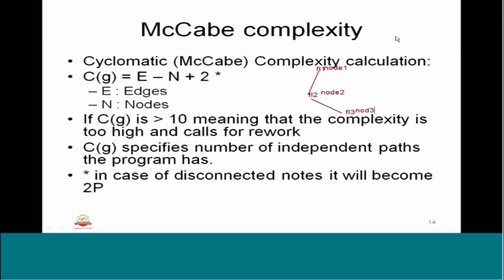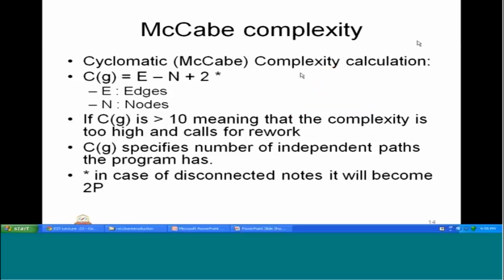So the else part, if it is a diamond, then it can become a node 4. So here we have 1, 2, 3, 4 nodes, and edges you can see 1, 2, 3, 4, minus 3 plus 2. It is 1 plus 2, 3. So the complexity of this program is 3. Likewise it is getting calculated.